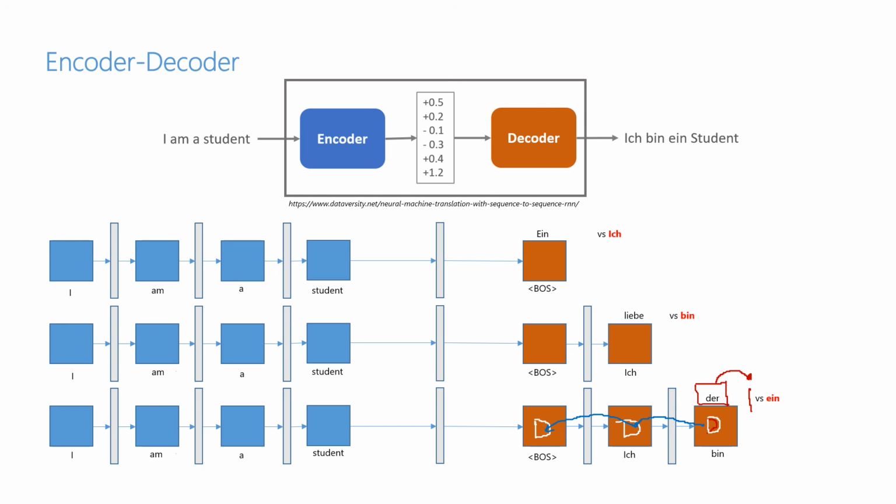Here, these are the weights for the decoder network, which in this case get updated 3 times.